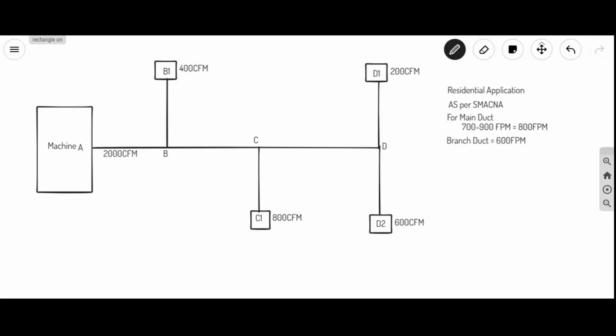So B to C, it is 2000 minus 400, which is 1600 CFM. C to D, 1600 minus 800, which is 800 CFM.